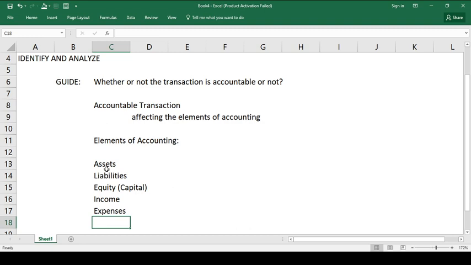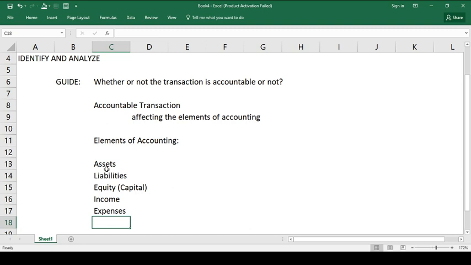And we were able to answer that the elements of accounting are the assets, liabilities, equity, income, and expenses. Ngayon naman, problema po natin, what are those elements? How are we going to identify that this thing is an element of accounting?